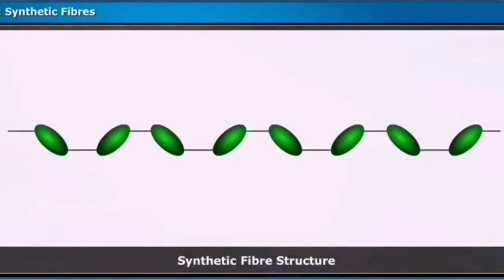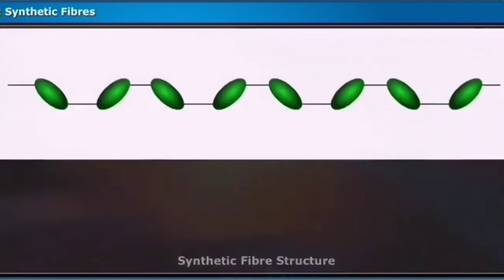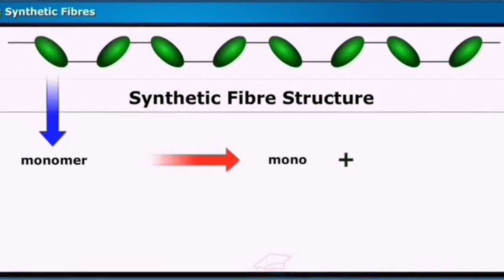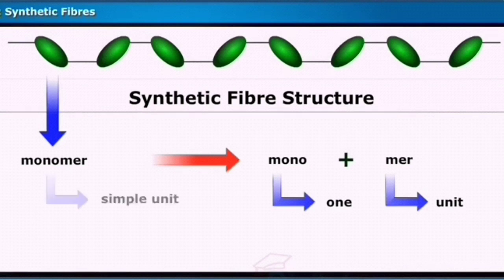Each small unit in the chain is known as monomer. The word monomer comes from two Greek words, mono and mer, which means one and unit respectively. So a monomer is a simple unit of a given chemical molecule.